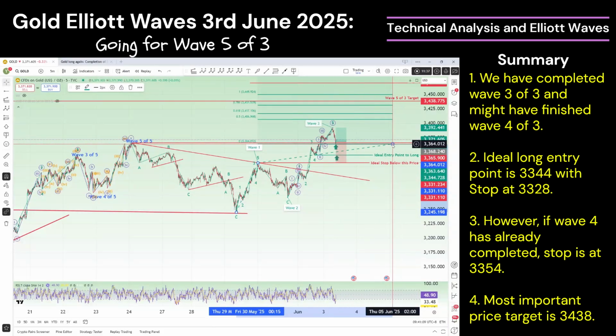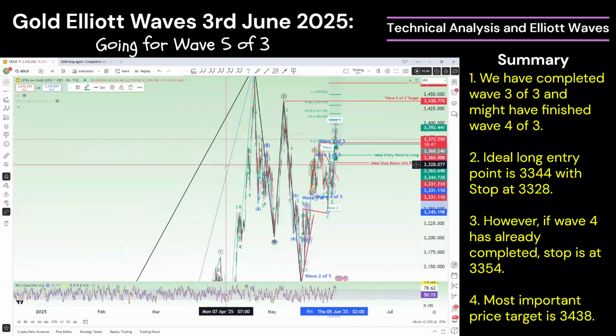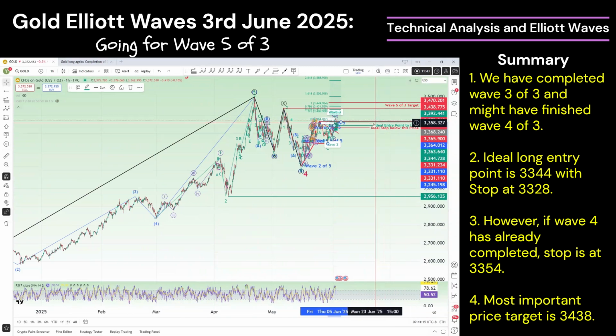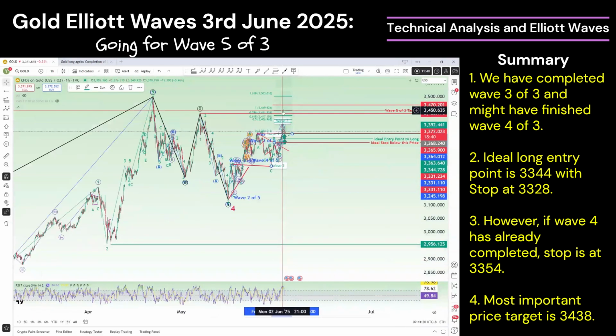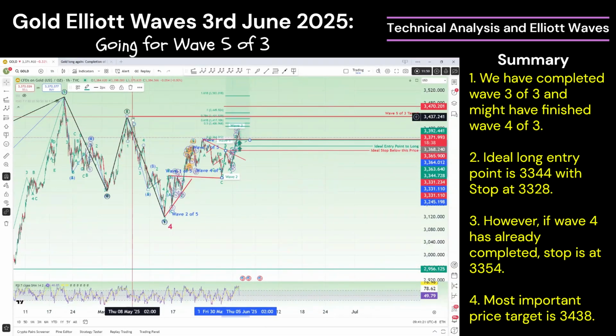Right. So instead of a 1:1, let's see whether there is any resistance over here. Right. So I think this is the reason why I put this as a wave 5 of 3 target. Right, because this is one important price point. Right, but if it breaches here, I guess it will really go up.